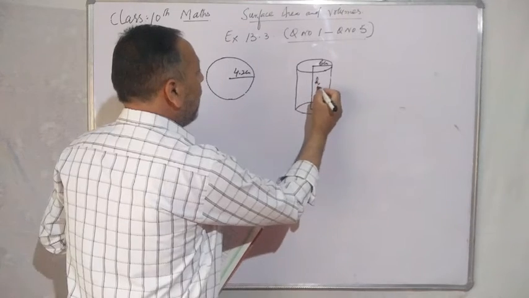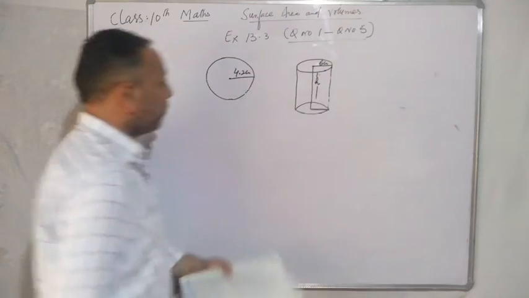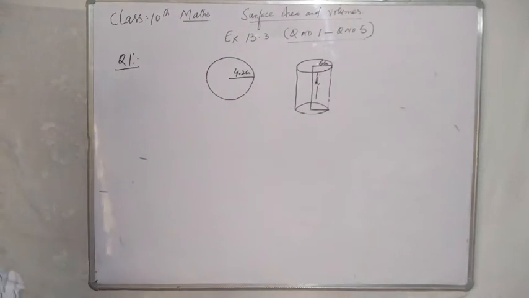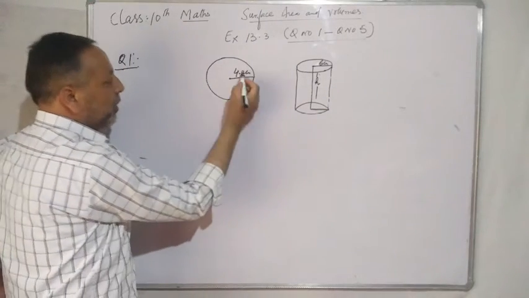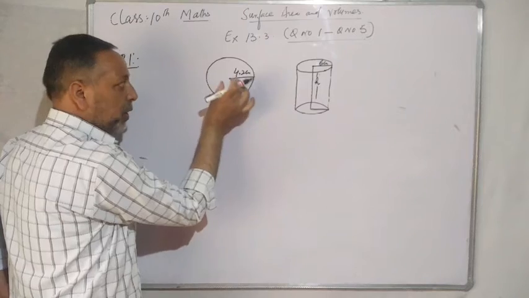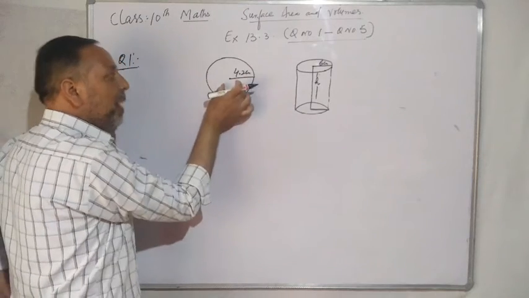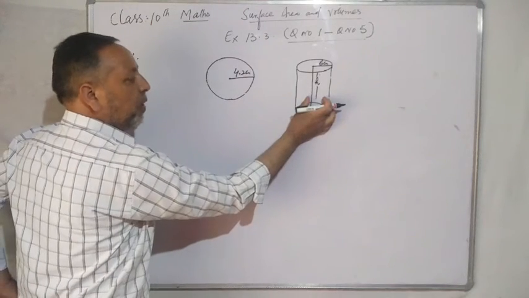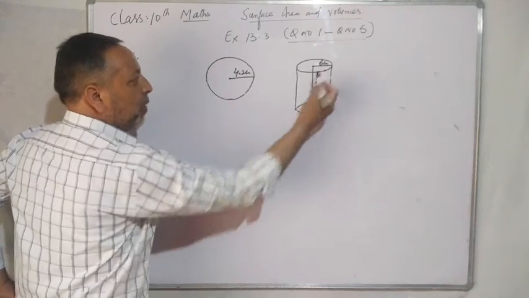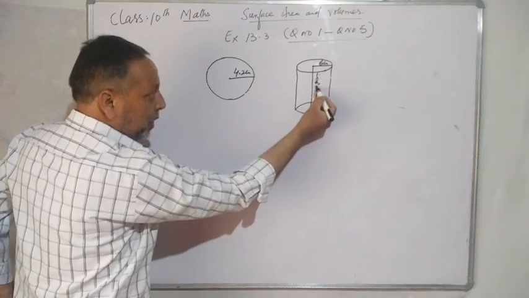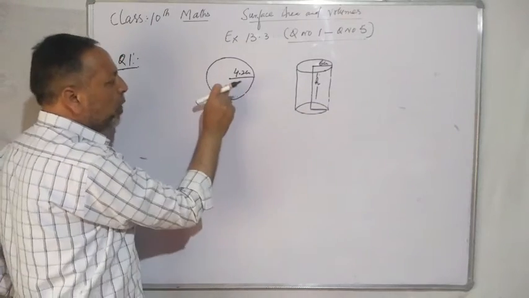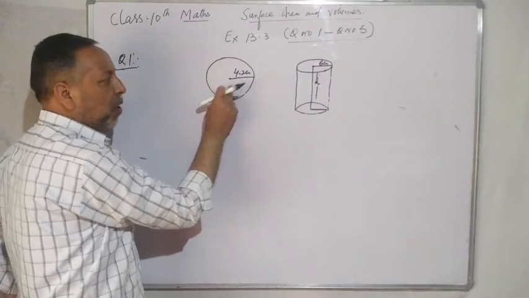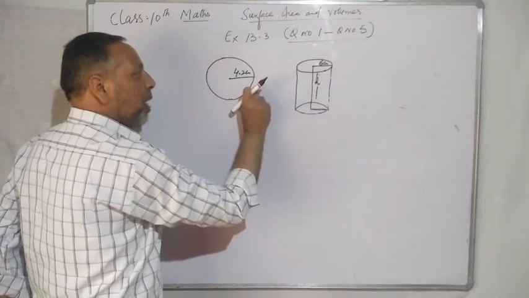Let h be the height of the cylinder. Now first understand this question. We have a metallic sphere whose radius is 4.2 centimeter. This sphere is melted and drawn into a cylinder. The radius of the cylinder is 6 centimeter. We have to find its height. This means the volume of this sphere will be equal to the volume of the cylinder.